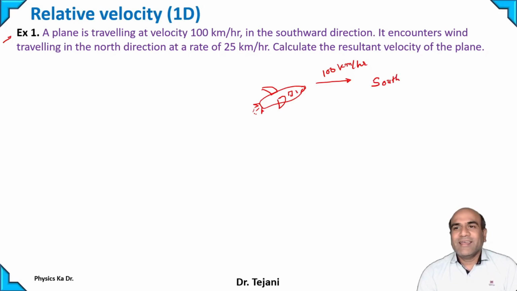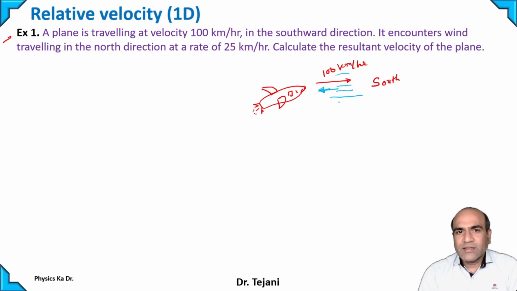Now, it encounters wind traveling in the north direction. You know that north and south are in opposite directions, so the wind is flowing in the opposite direction, right?